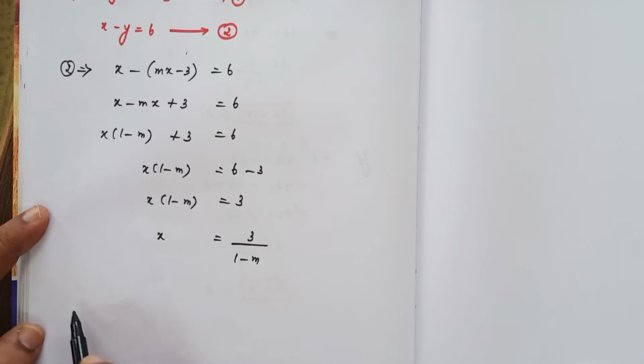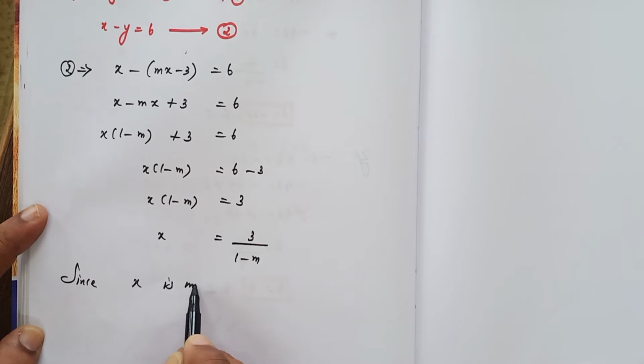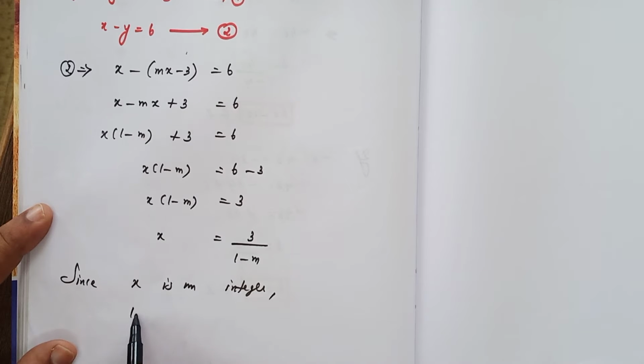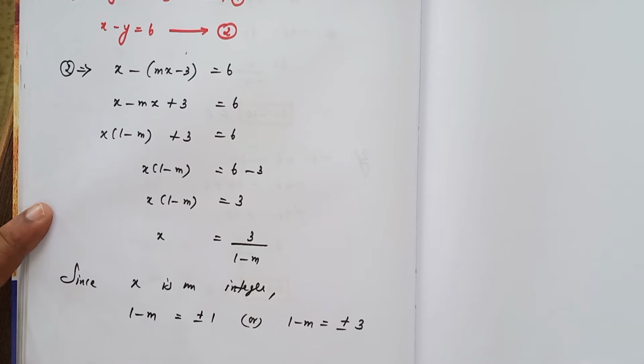So how to write? Since x is an integer, 1 - m = plus or minus 1, or 1 - m = plus or minus 3. That's all.